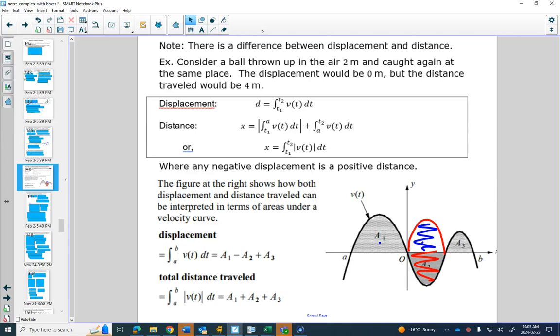You could say, well, I could figure out which sections are positive and which sections are negative, calculate them separately, then the negative answer I could make positive at the end and get a final answer. But if I'm allowed to use my calculator, it is way faster just to take the absolute value at the beginning and calculate it that way. So we'll look at some examples this way.